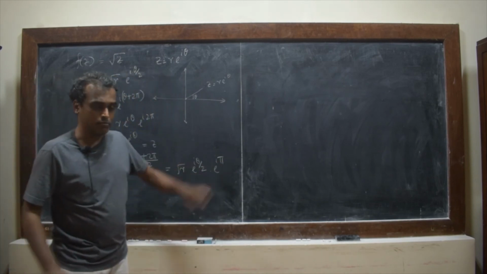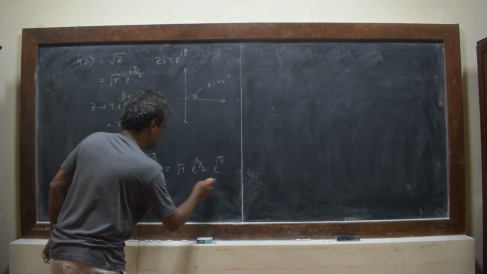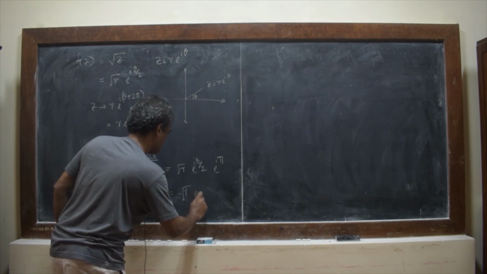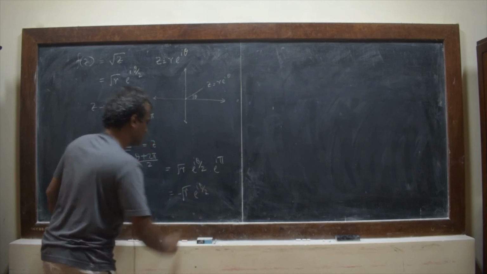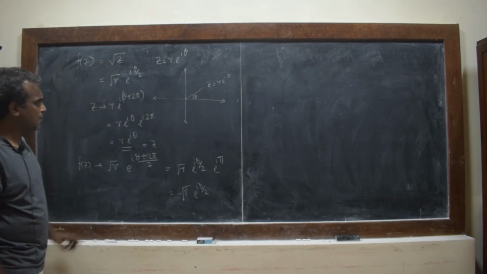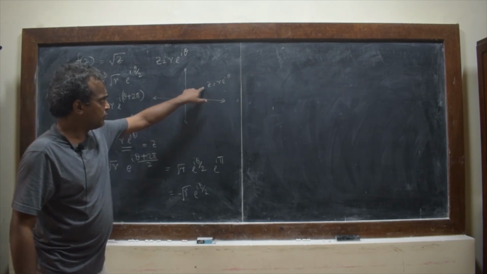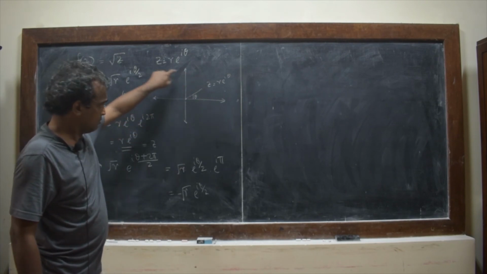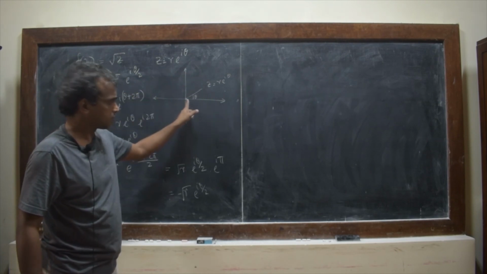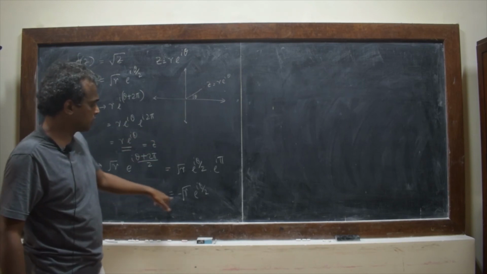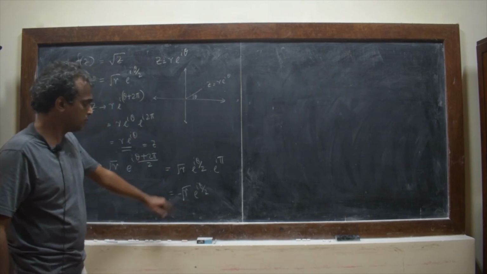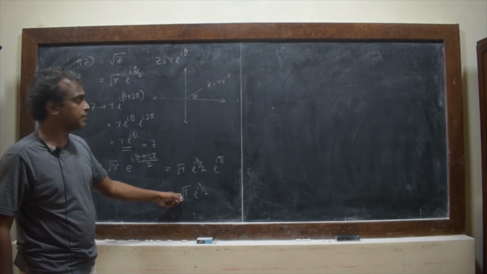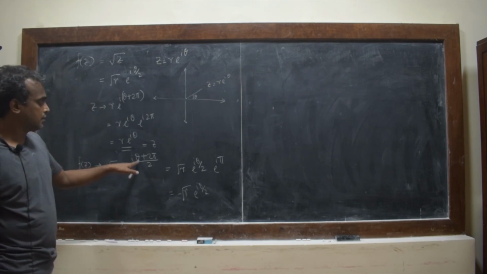However, e to the I pi has a value minus 1, giving us minus of square root r e to the I theta over 2. So, what has happened is that when you return back to the point after doing a 360-degree rotation around the origin, the function does not return to its original value, but changes value to negative of its value at theta.